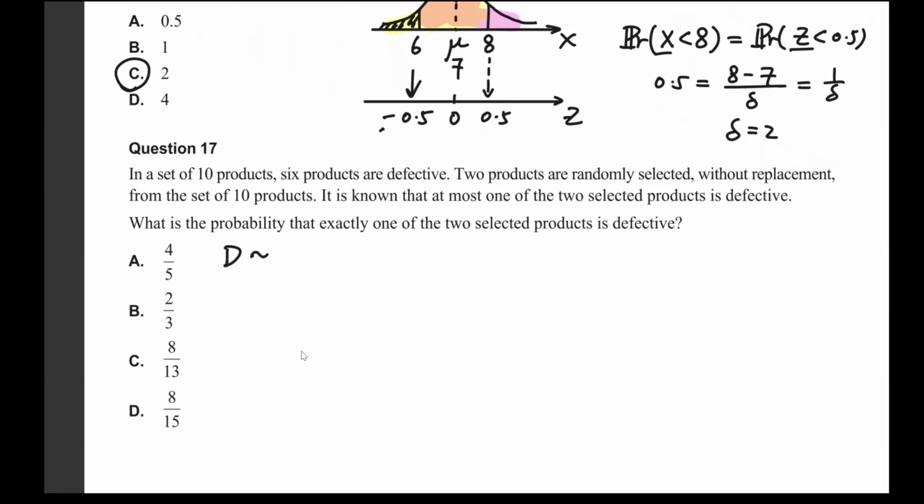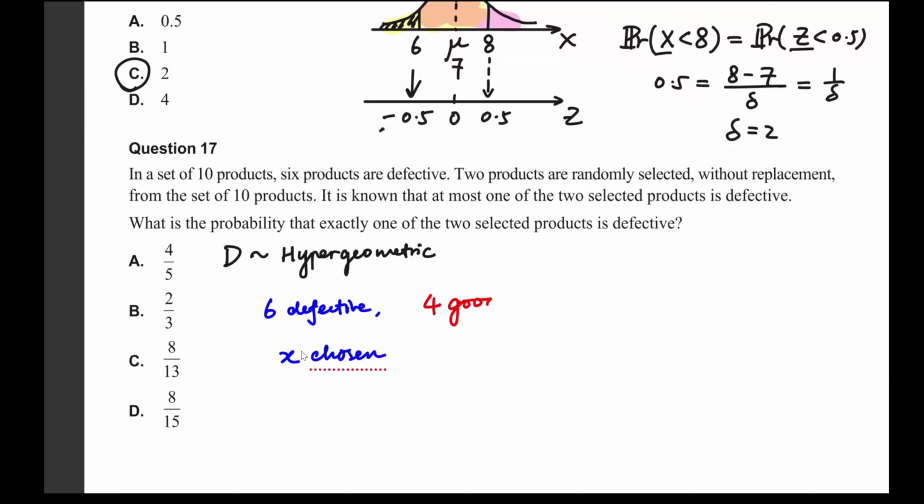In this case, I'll call it D, which is hypergeometric. Totally we have 6 defective, and we choose X. And then you have 4 good ones. You only choose 2, so 2 minus X must be good ones.